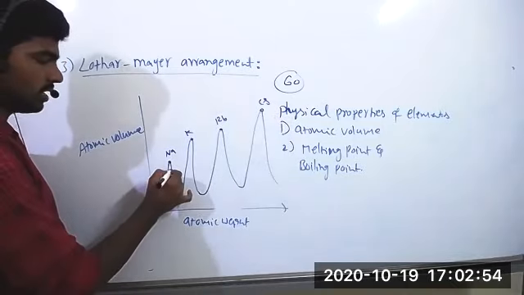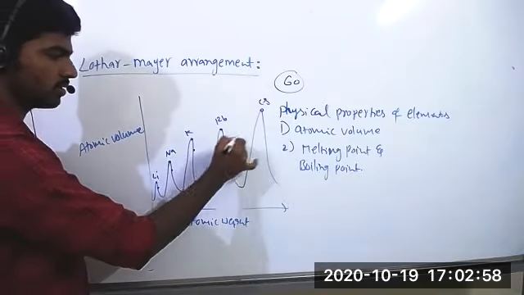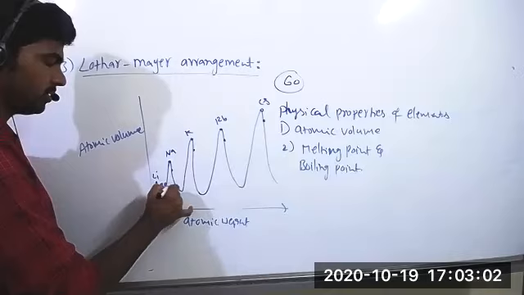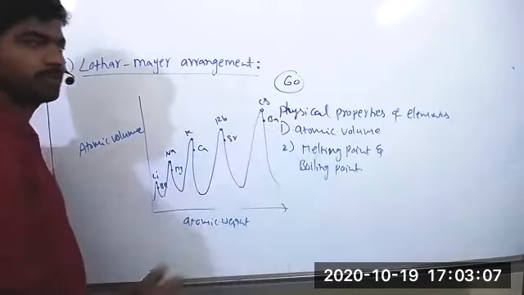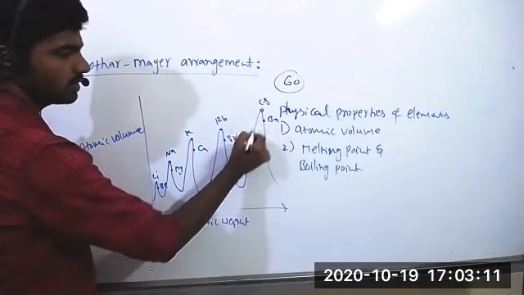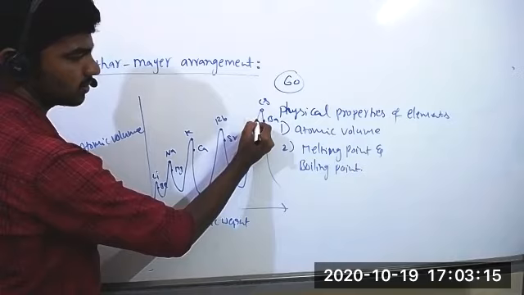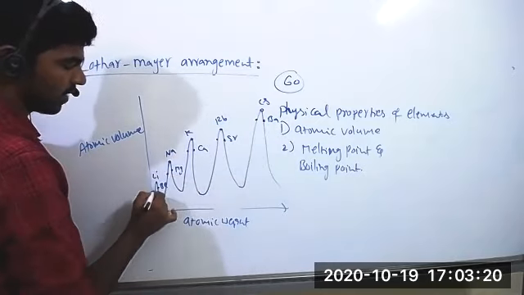After that, in the descending order, some elements occupy these positions. They also have similar properties: beryllium, magnesium, calcium, strontium, and barium. And in the ascending position, some elements also occupy positions with similar properties.